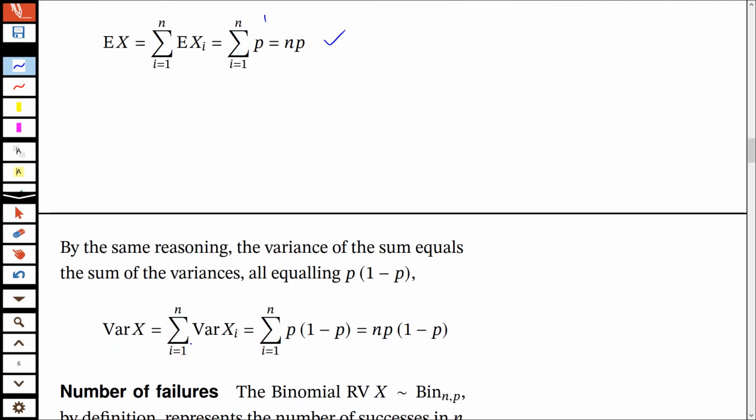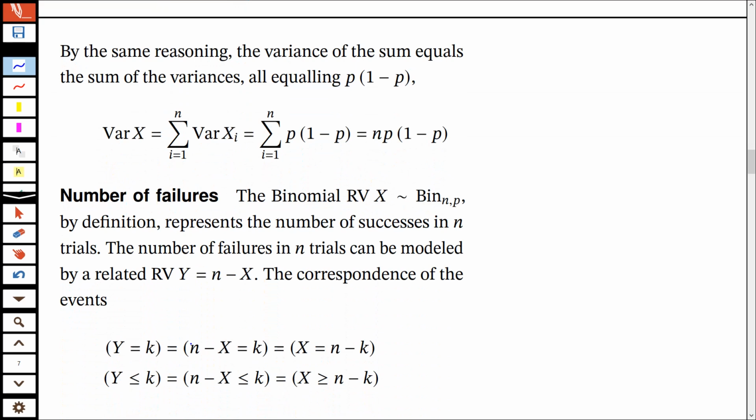In the next quantity, if we want the variance of this binomial distribution, X is the sum of Bernoulli random variables. If we want to use the formula that the variance of this sum is the sum of these variances, that will require these Xi's to be independent.